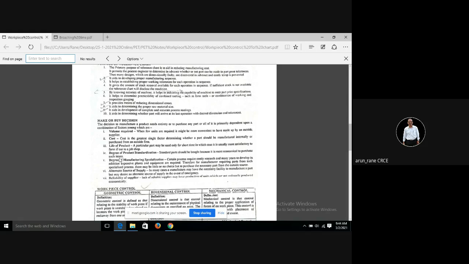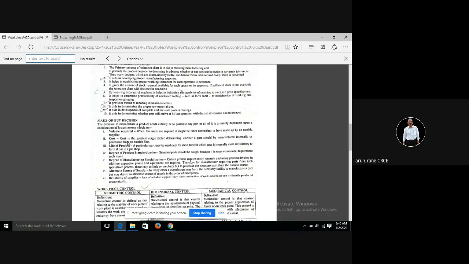So what are the factors? The factors are: what is the volume required? See, for example, suppose the quantity required is quite less, then definitely it is more economical to manufacture in-house.